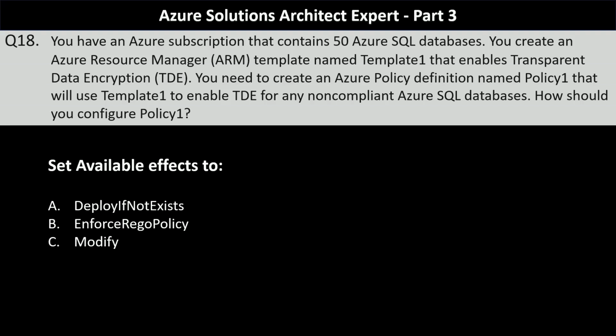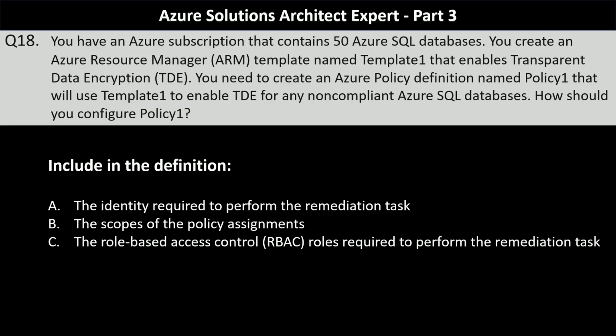Folks, you will need to set available effects to deploy if not exists. A deploy if not exists policy definition executes a template deployment when the condition is met. Now, the next part of the question is include in the definition. Your options are the identity required to perform the remediation task, the scope of the policy assignment, and the role-based access control (RBAC) roles required to perform the remediation task.